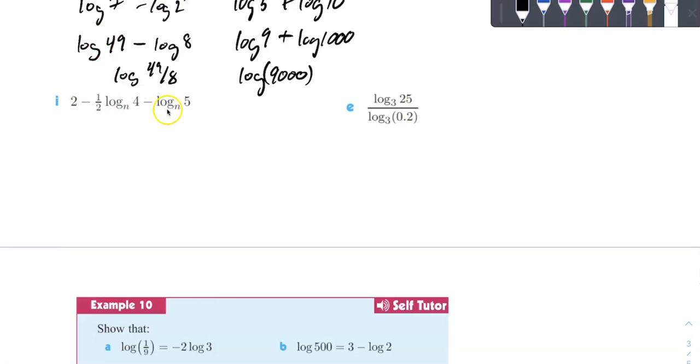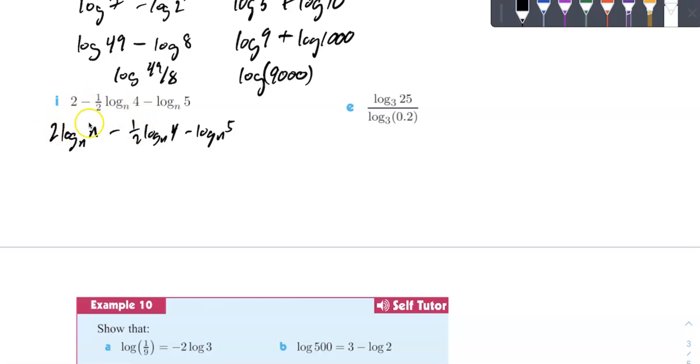Same idea here, we want to combine all these. Notice that there's just a 2, so we're going to do the same trick we did before. Log n is the base, so we're going to do log n of log n. So let me write this as 2 log n, minus 1/2 log n to the 4th, minus 1 log of n to the 5th. Now before I combine anything, you got to move the powers to the front.